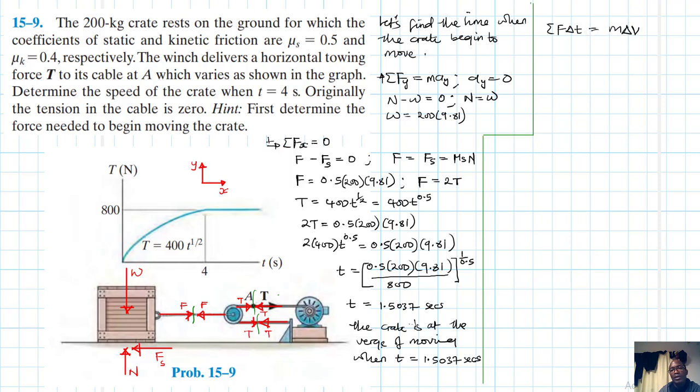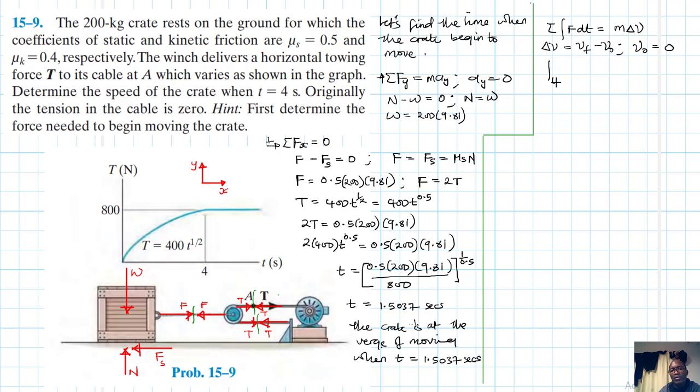But since F is a function of t, it will be the integral of the summation of the force, dt, equal to m delta v. Delta v is just v final minus v initial, where our v initial is equal to 0.